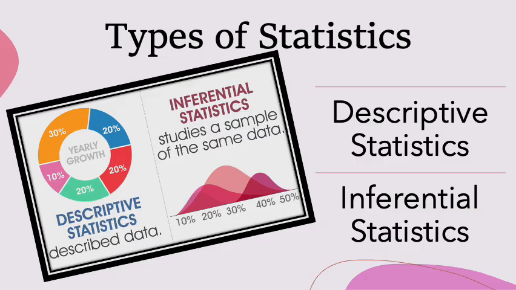These allow data to be organized, summarized, and described in ways that are easily understood. Descriptive statistics may be described numerically as means, medians, and modes, or they may be described graphically in charts and tables.